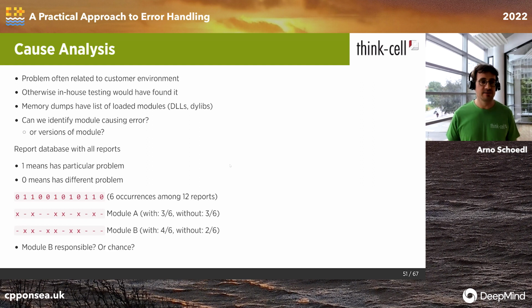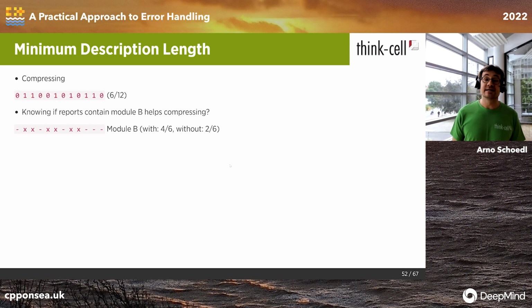Okay, so how do we do this? The idea is we use some statistics, in this case, minimum description length. The idea is that we are compressing the description of the world. Our little world in this case is the information whether a particular report has the problem or doesn't have the problem.